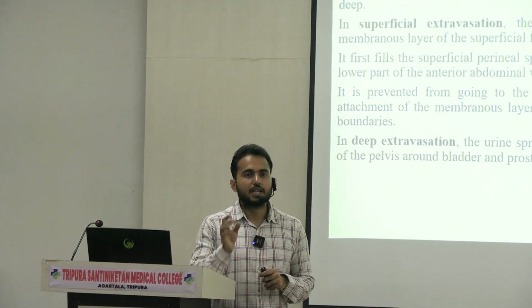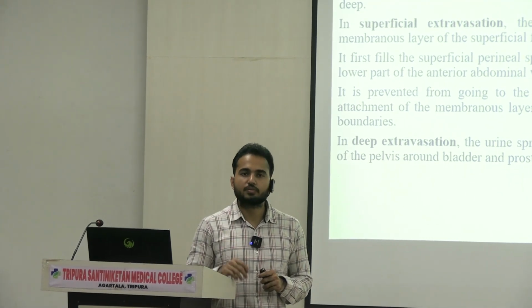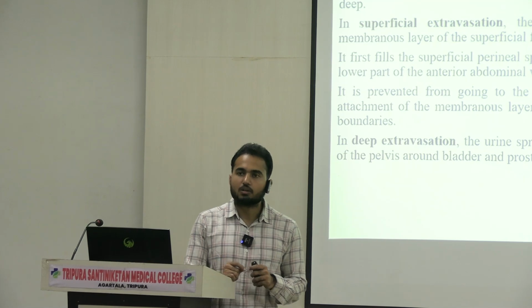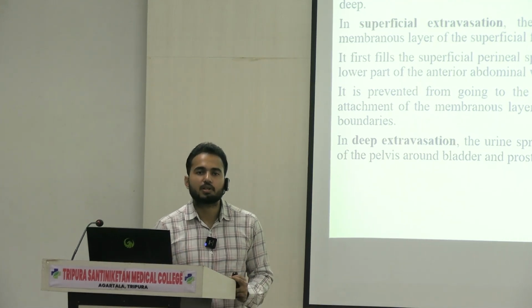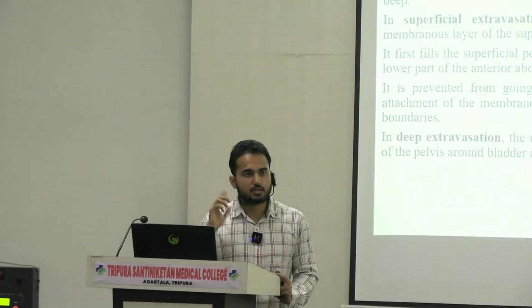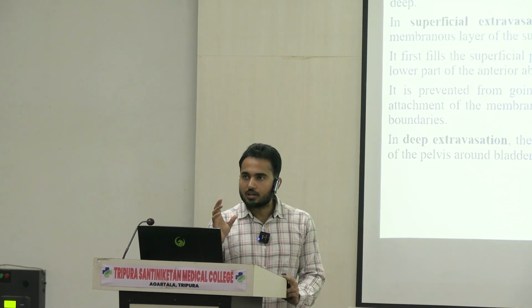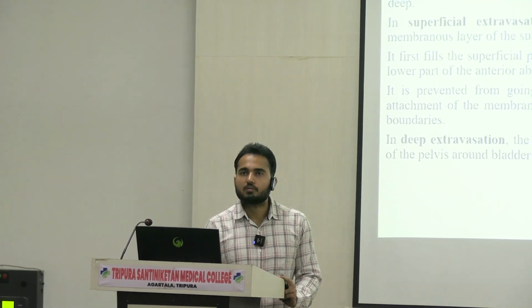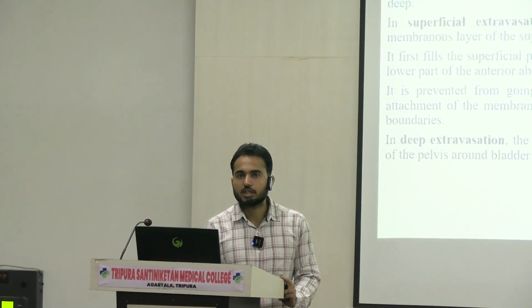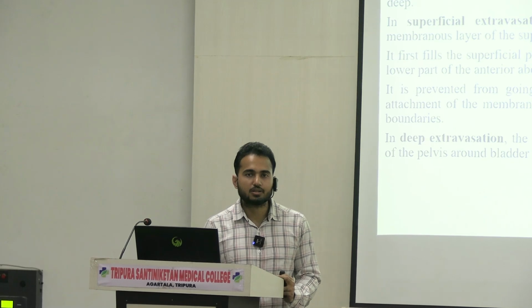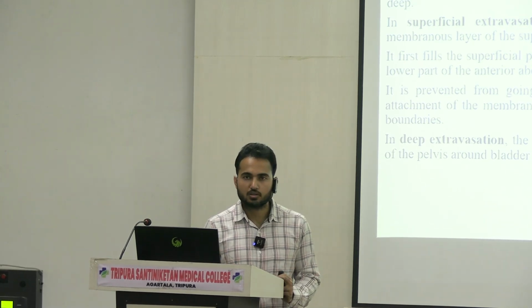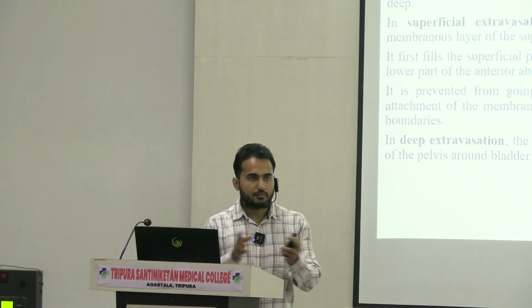At that time there are chances of rupture of the urethra. Now once the urethra is ruptured, what will happen? Think, if the rupture is there in the urethra, what do you think? There will be extravasation of the urine, that means leakage of the urine into the various parts.